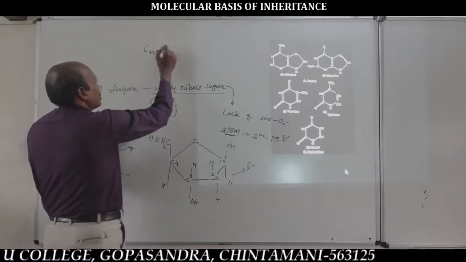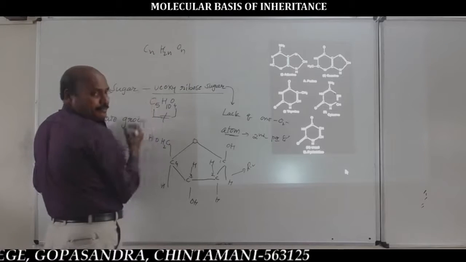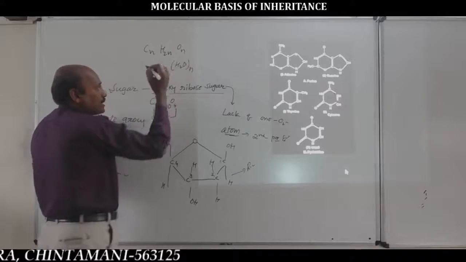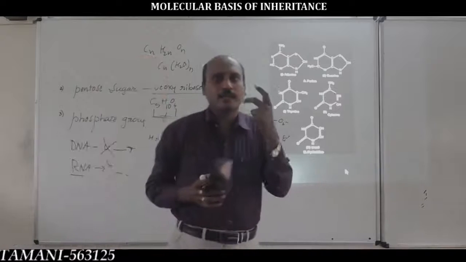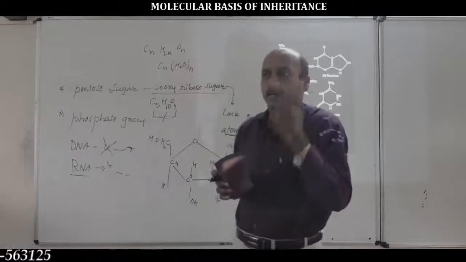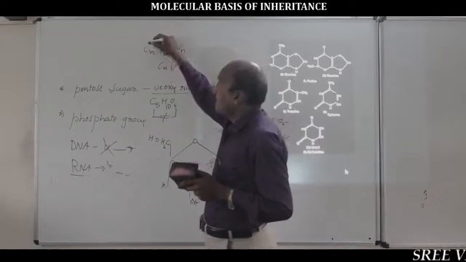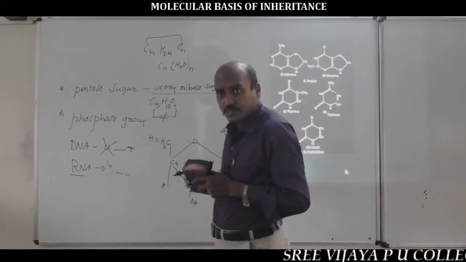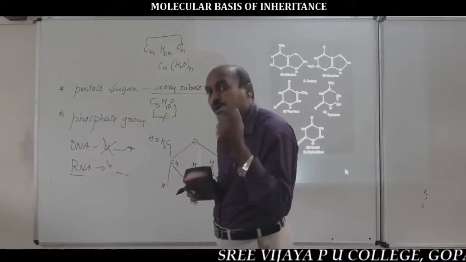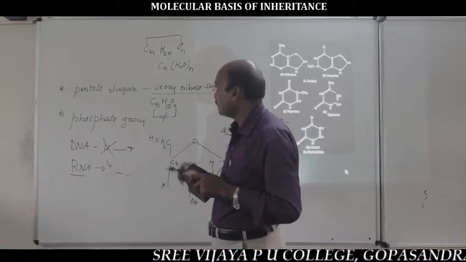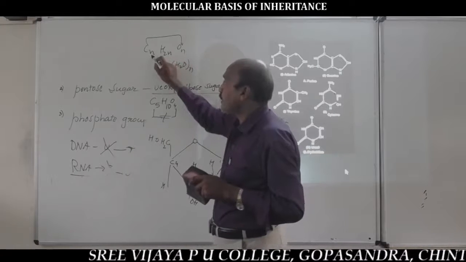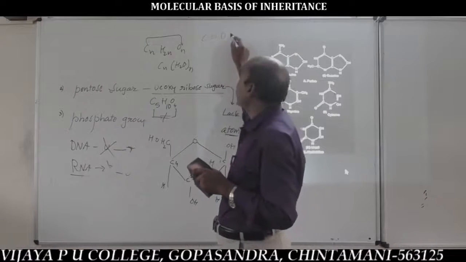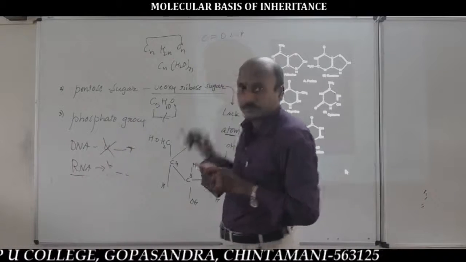CnH2nOn is the general empirical formula of carbohydrates. The number of carbon atoms is always equal to the number of oxygen atoms, and the number of hydrogen atoms is double.